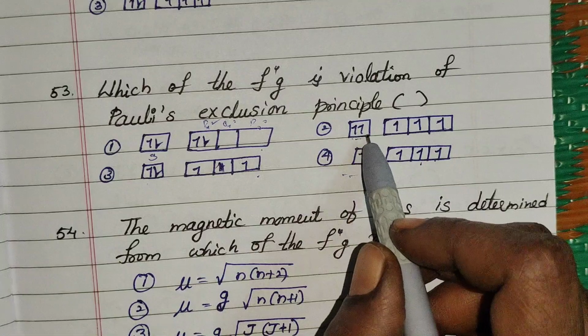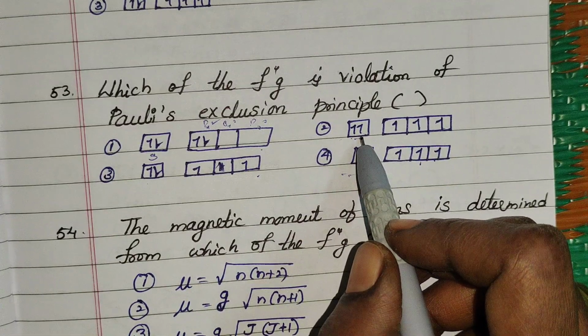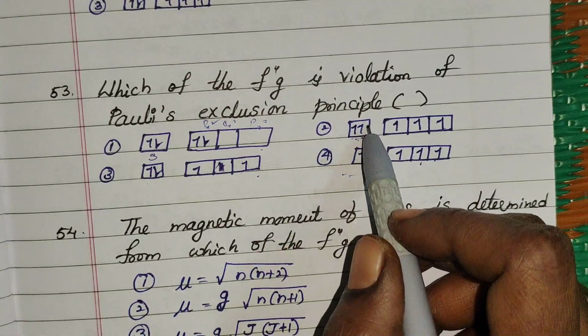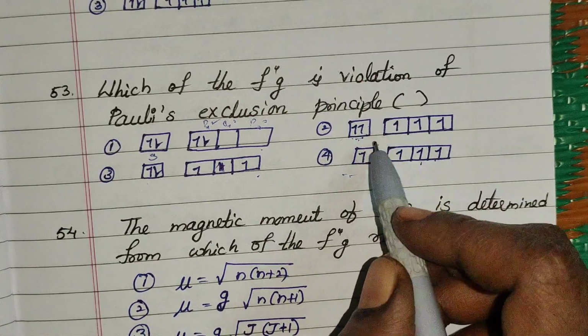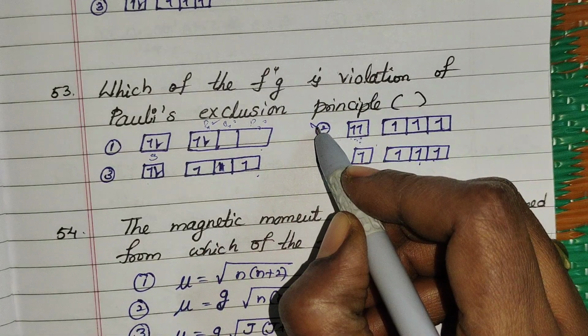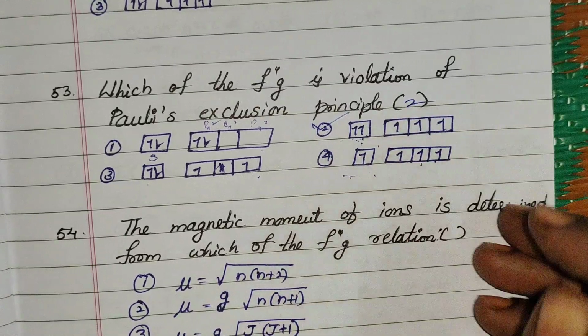But in the second option, in the same orbital, the s orbital is filled with two electrons with the same spin, which is not possible. So it is not following Pauli's exclusion principle. So our option is 2.